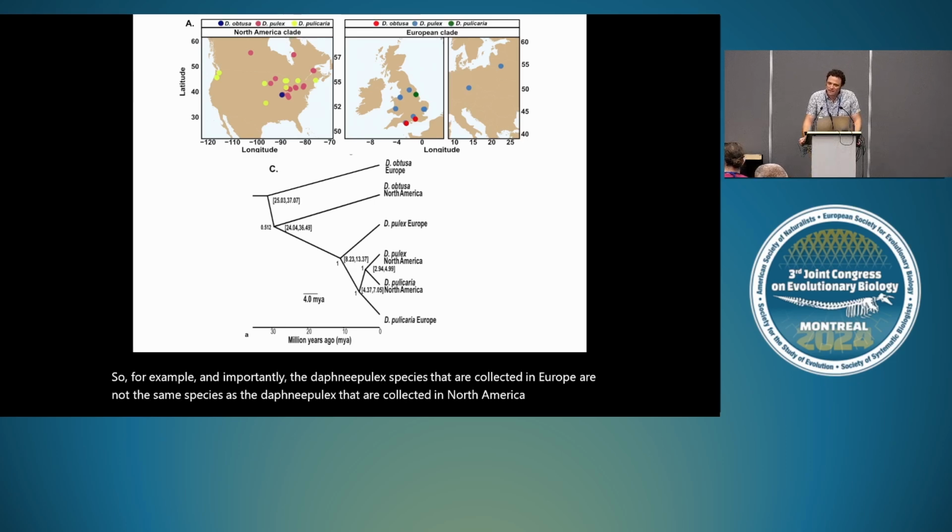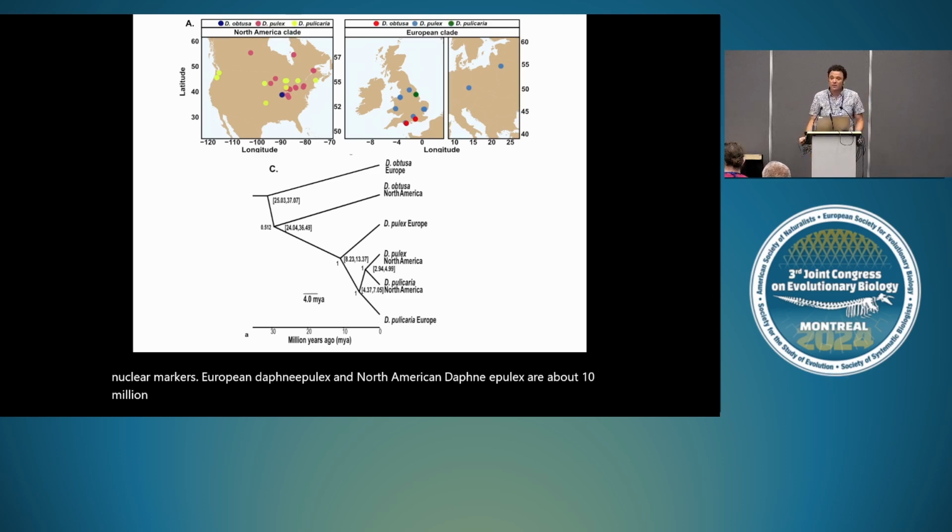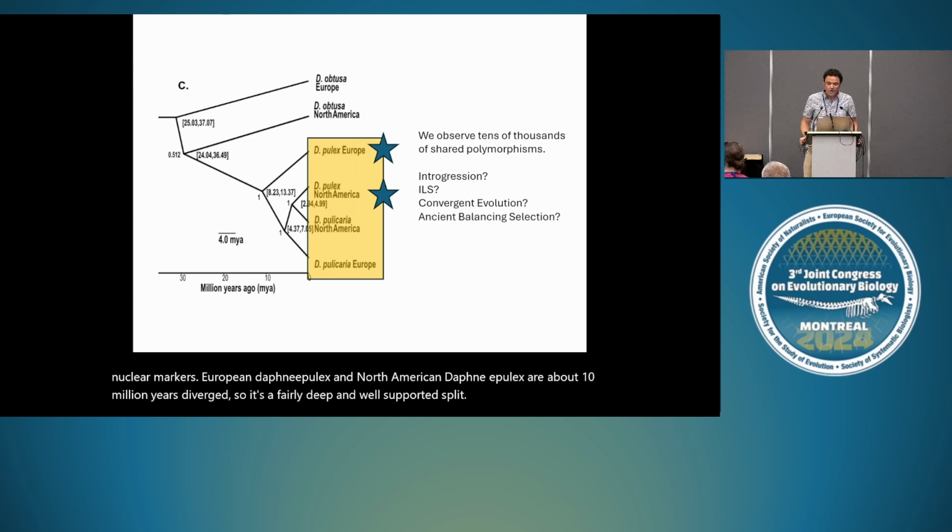This has been seen from mitochondrial analysis in the past, but this is the first demonstration of it using nuclear markers. European Daphnia pulex and North American Daphnia pulex are about 10 million years diverged. So it's a fairly deep and well-supported split. So for the remainder of the talk, we'll be focusing on European and North American Daphnia pulex.